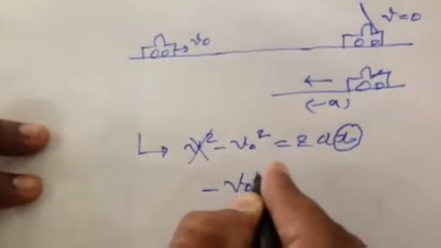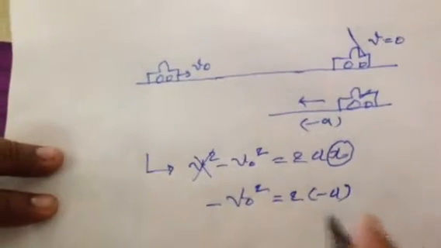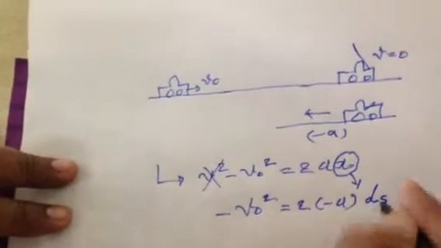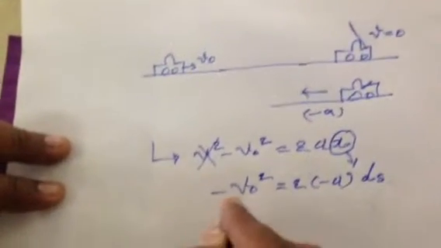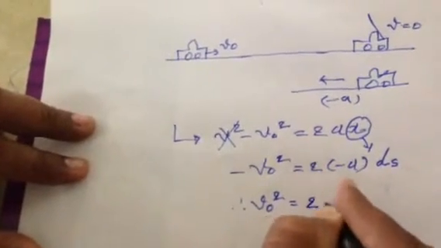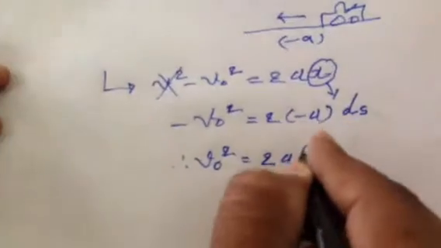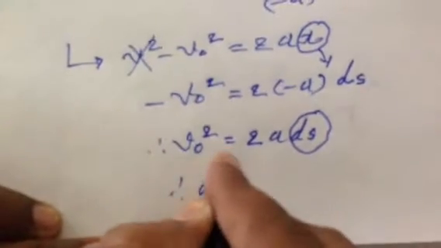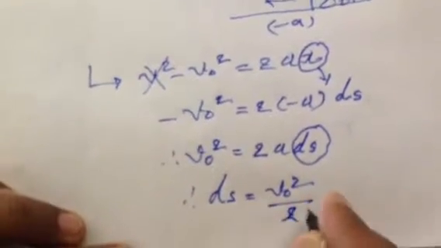You are getting v0 square is equal to minus 2a, but it is anti-acceleration, so we are getting x in the form of ds, that is stopping distance. Now remove the negative sign from both sides. We are getting v0 square is equal to twice a into ds. But we have to give the capital of the stopping distance, ds. Then we can say ds is equal to v0 square upon 2a.